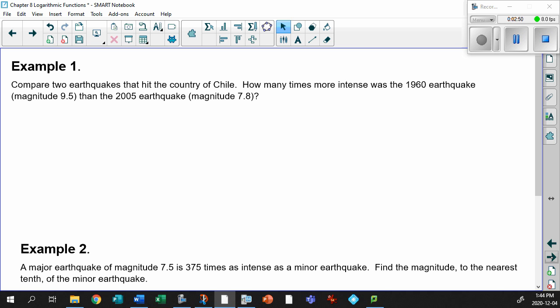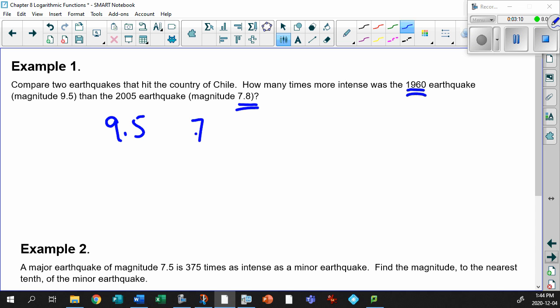I've got two questions for you. Compare the two earthquakes that hit the country of Chile. How many times more intense was the 1960 earthquake, which had a magnitude of 9.5, compared to the 2005 earthquake, which had a magnitude of 7.8?